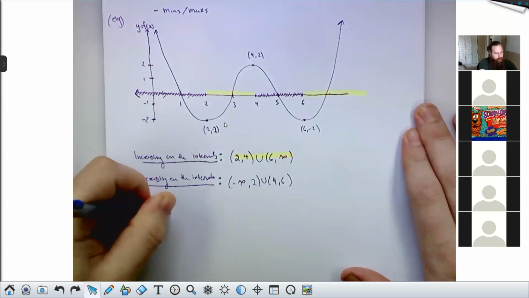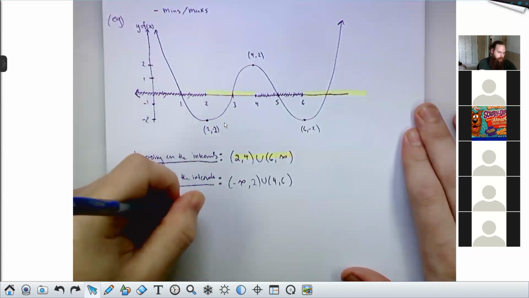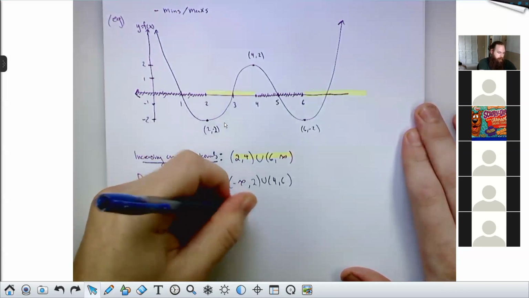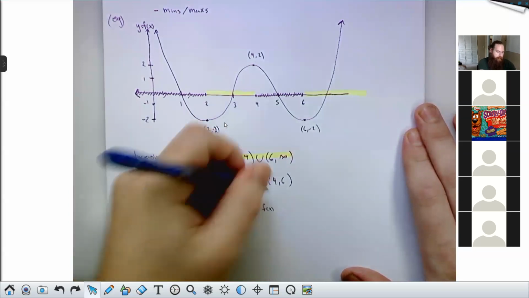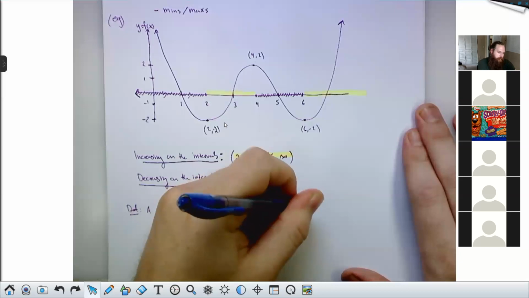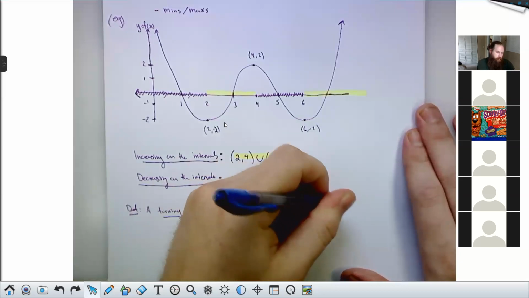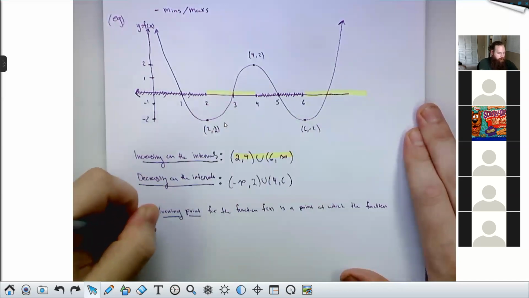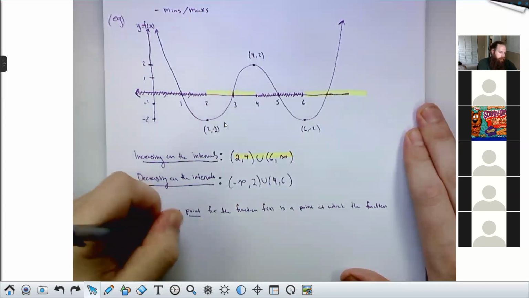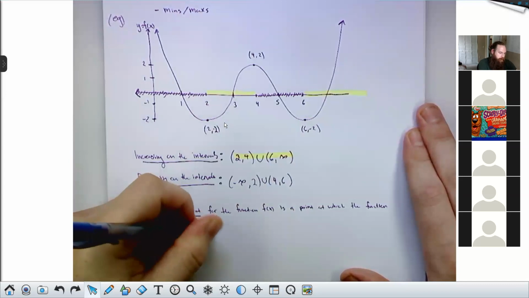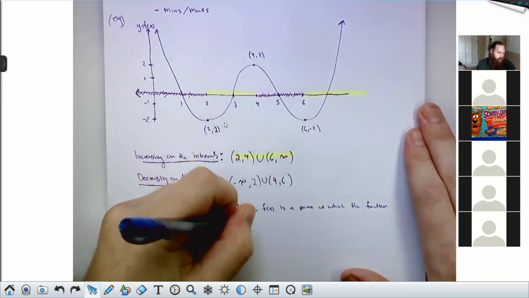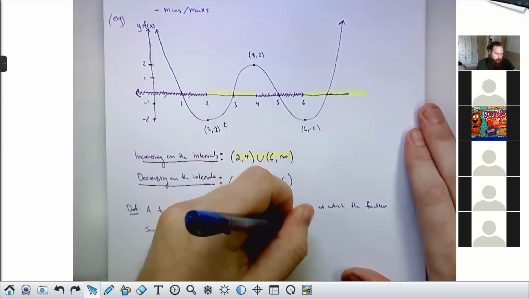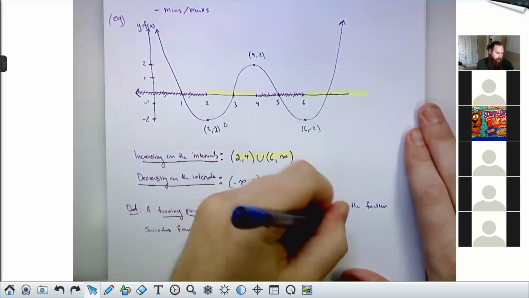A turning point for the function f of x is a point at which the function switches from increasing to decreasing, or vice versa, from decreasing to increasing.